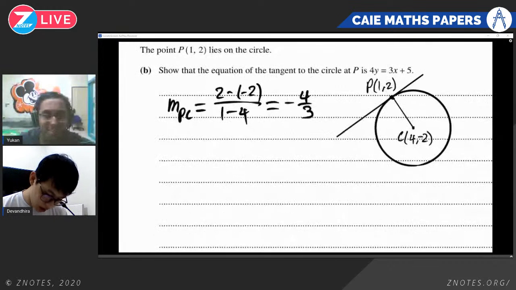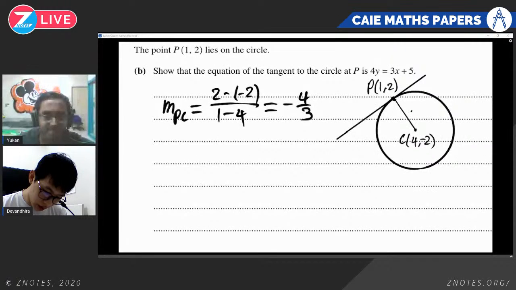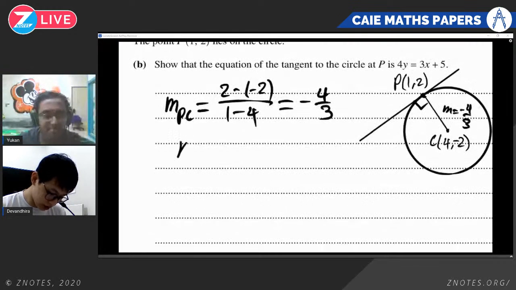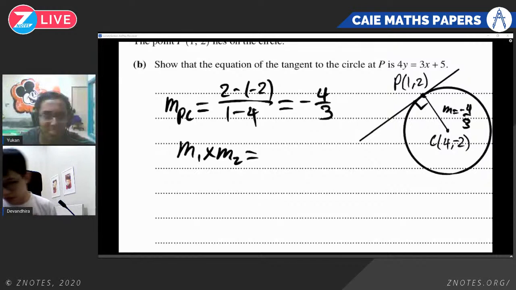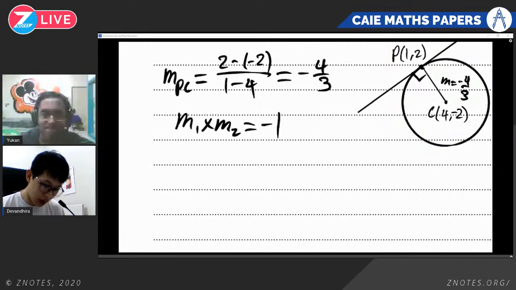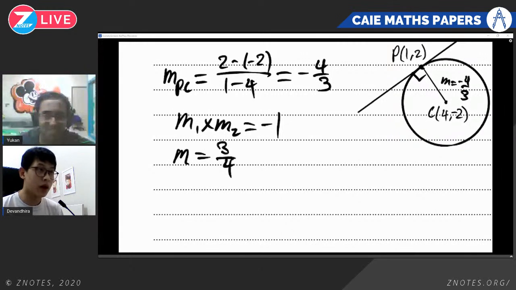Okay. Now, this is the gradient of this line here. But we know that the tangent and the radius are perpendicular. Therefore, by using the perpendicular formula, we can say that the other gradient is 3 over 4, correct?